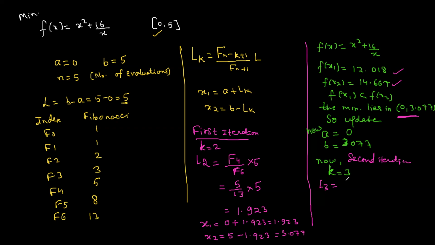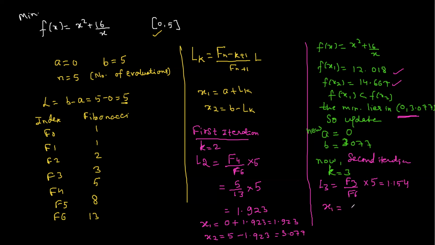So L3 will be what? F3 over F6 into 5, right? So when you put this, what will you get? L3 is 1.154.